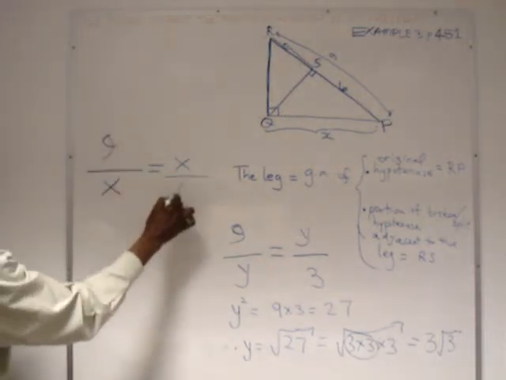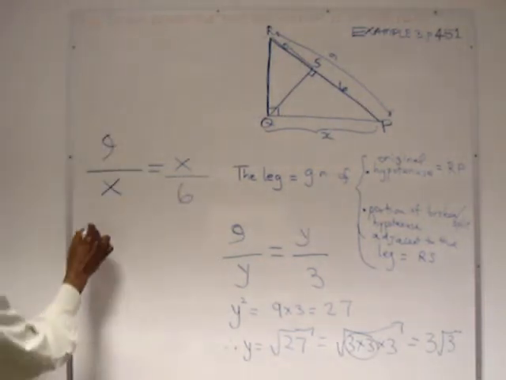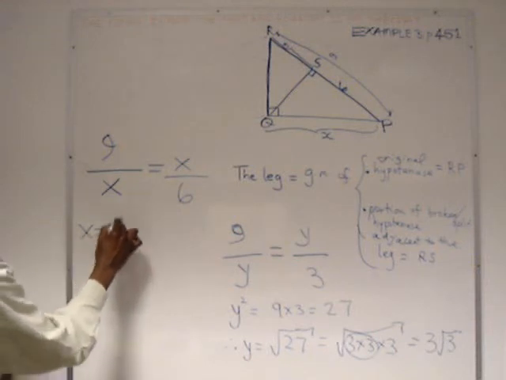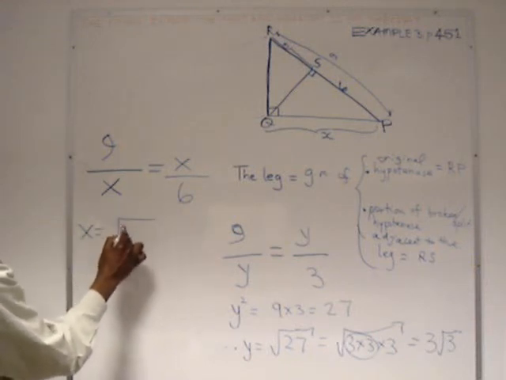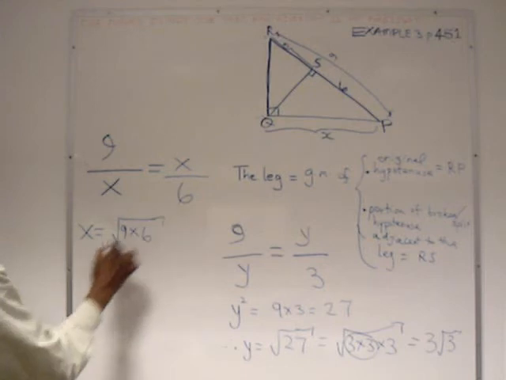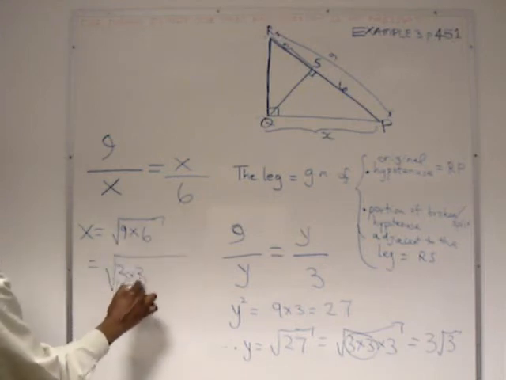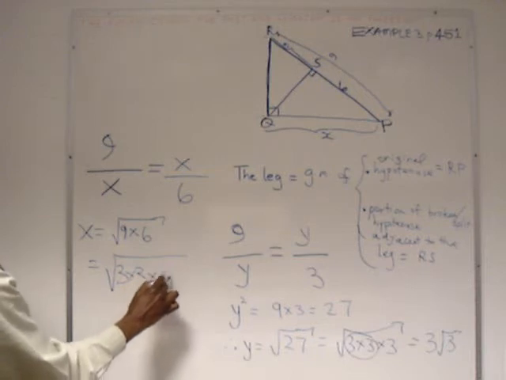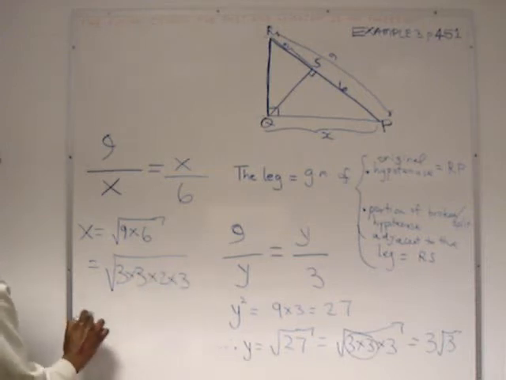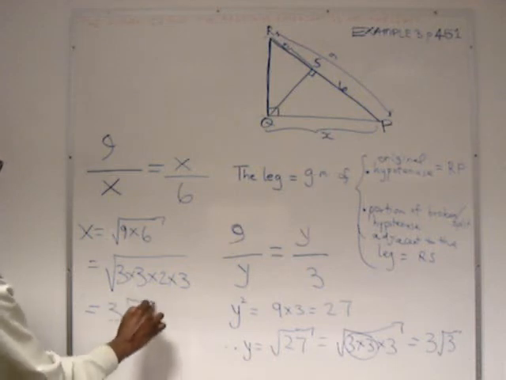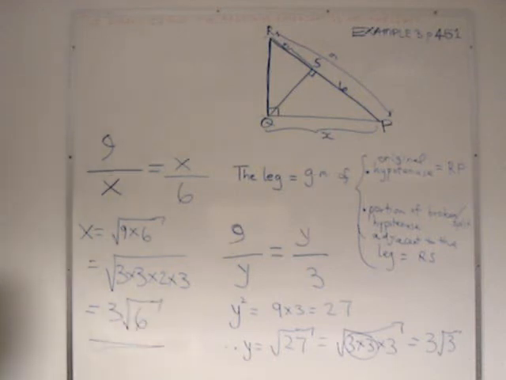So in this case it will be x equals square root of 9 times 6, which is square root of 3 times 3 times 2 times 3, which is 3 times square root of 6. Okay, if I haven't made any errors.